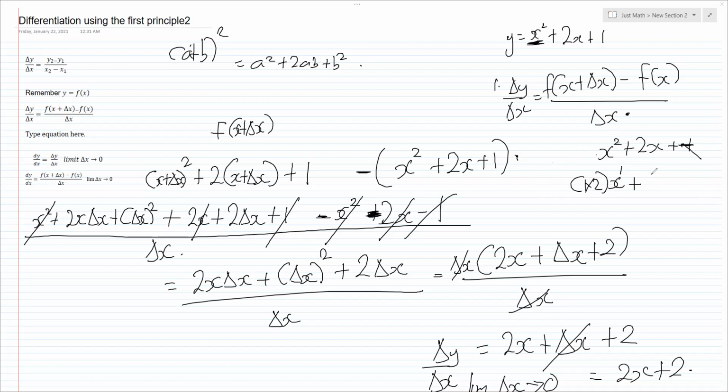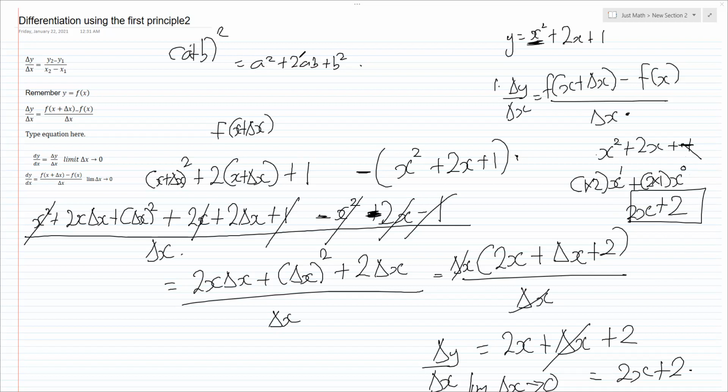Same thing here: 2 times 1, x to the power 1 minus 1, which is 0. So what we have here will be 2x, and anything raised to power 0 is 1, so 2 times 1 is 2. So 2x plus 2.